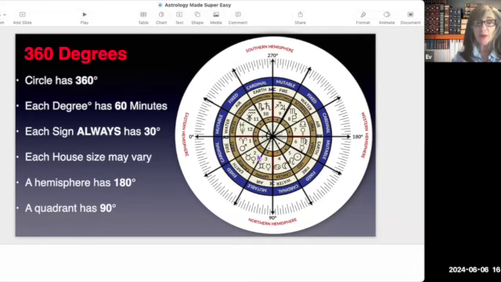These are mutable. We're not going to get into what it means, but just so you understand how you read a chart, where you start. You start by understanding what this wheel is and how it's made up. Because if you don't know the mechanics of the wheel, you'll never be able to figure out your astrology chart.